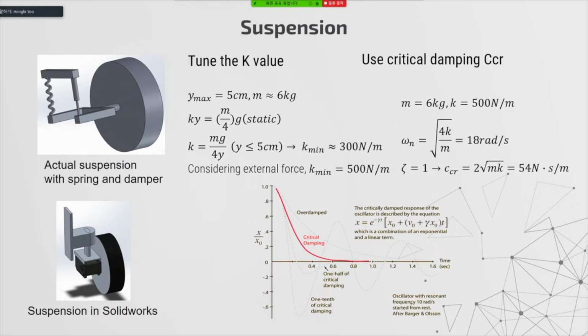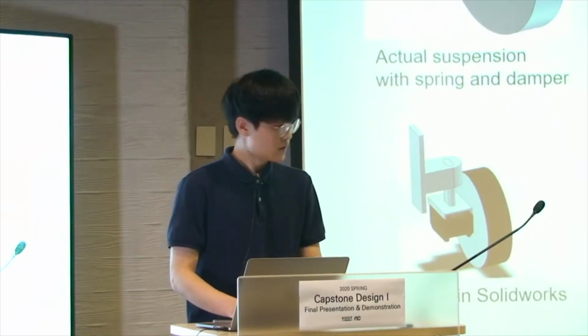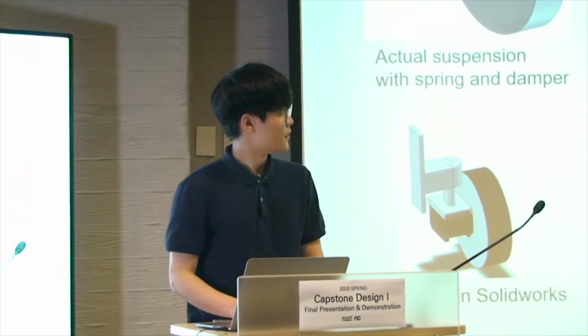Next part is suspension. We designed it like this, and because we had to make it simple, the overall design comes from the McPherson suspension system. This is the stiffness and damping ratio calculation process.